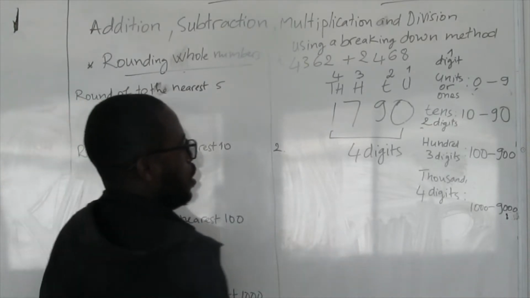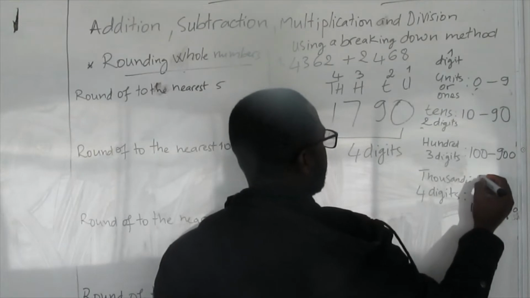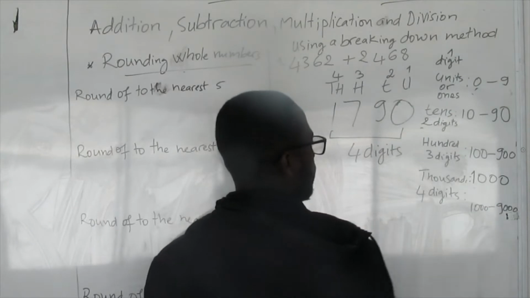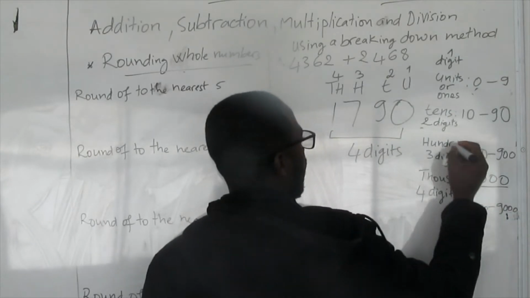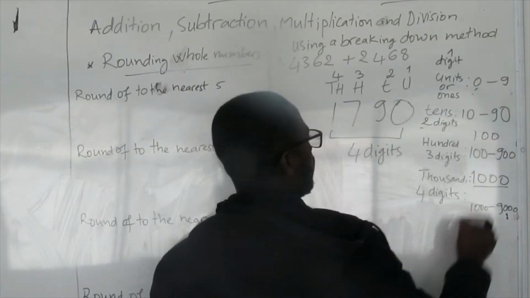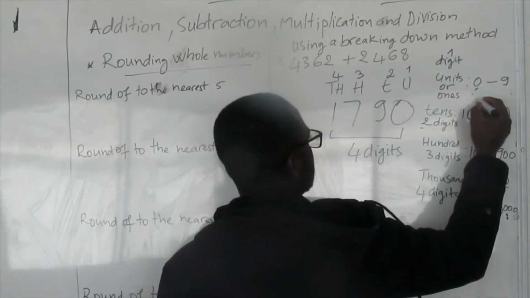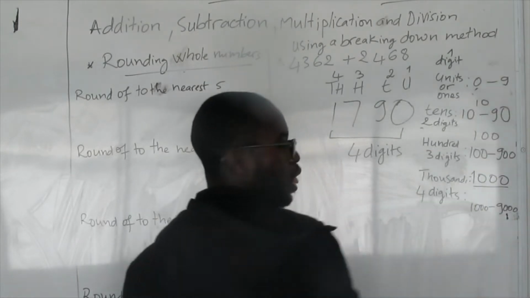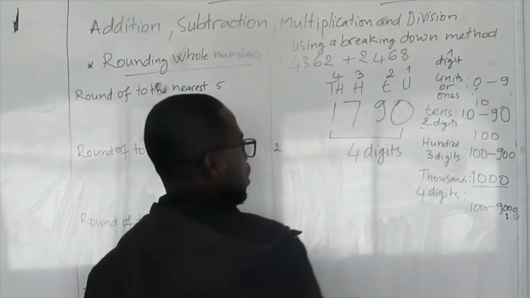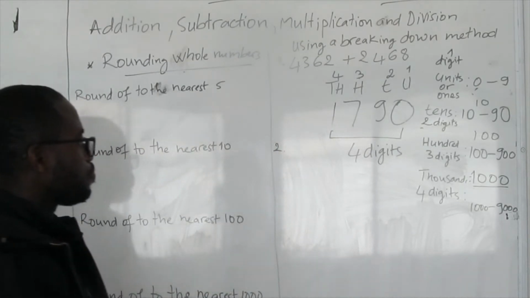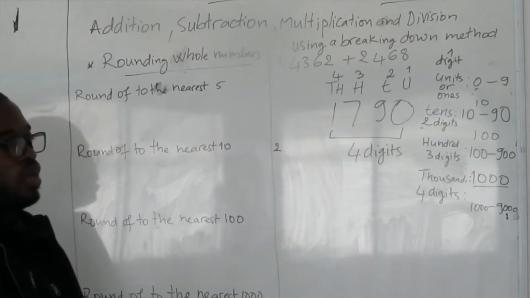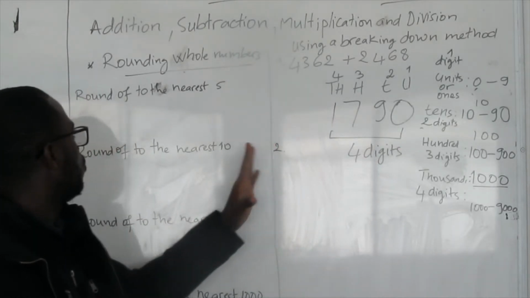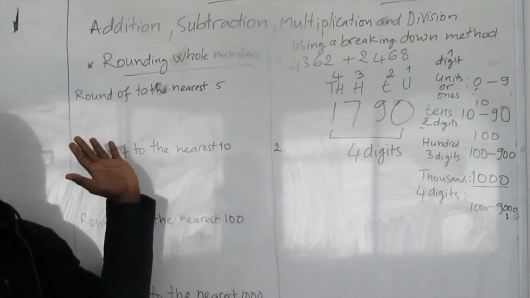Now, this 1,000 means how many zeros? 3. 4 digits. 100, how many zeros at the back? 2. 10, how many zeros? 1. Here, how many zeros? Nothing. Understand? It's only 0 and 10. This is the first step to understand how to round off a number.